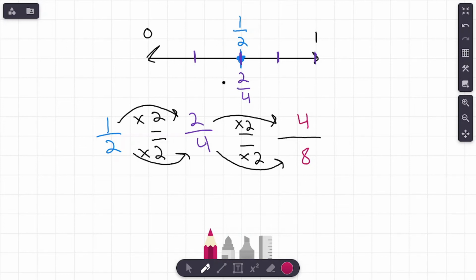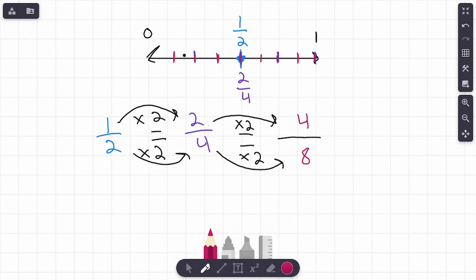So we need to represent 8 equivalent sections on this number line, so they're going to get kind of small, but let's see if we can do it. There's 1, here's 2, here's 3, 4, 5, 6, 7, 8. So 1, 2, 3, 4, 5, 6, 7, 8.